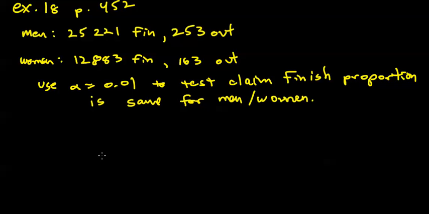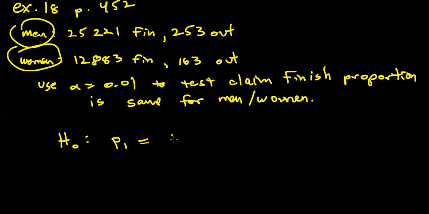Alright, well, step 1, state the hypotheses. H0. Well, if I'm going to let P sub 1 be the finish rate for the men and P sub 2 be the finish rate for the women, I'm testing the claim that P1 equals P2. And the alternative then is that they are not equal to each other.